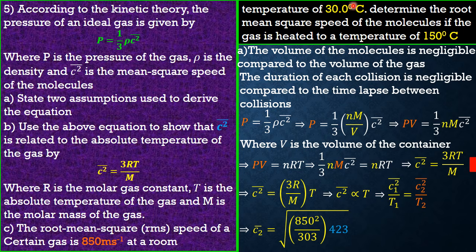But we have to convert this temperature from degrees Celsius to Kelvin. So we have 303 Kelvin. Converting the other one to Kelvin as well, we have 423. If we simplify that, we have c2 equal to 1004 meters per second. Great.